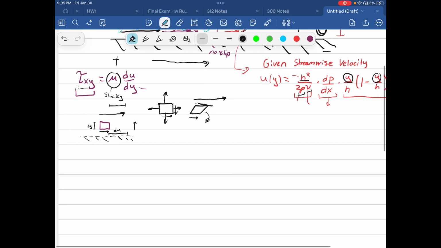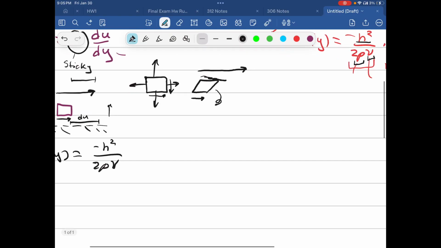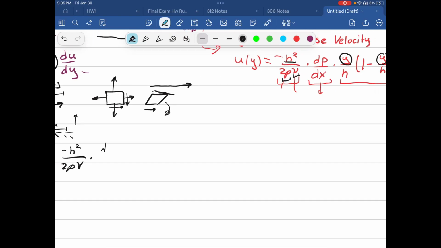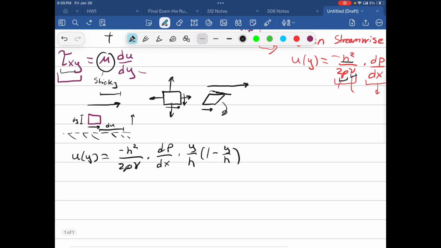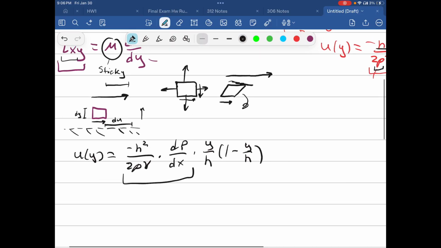So let's take our derivative. We have this streamwise velocity, u of y equals negative h squared over 2 rho (I'm using a different term here, but it just means viscosity) times dp dx times y over h times 1 minus y over h. We need to take the derivative with respect to y, so all this becomes a constant.